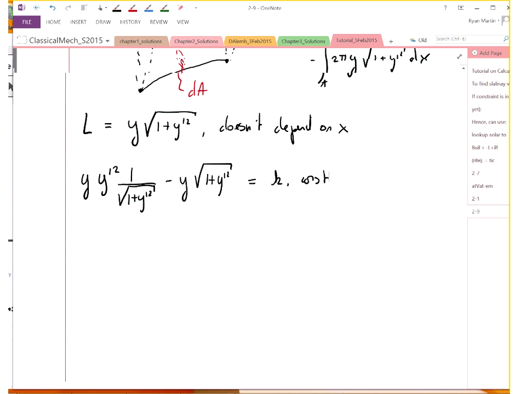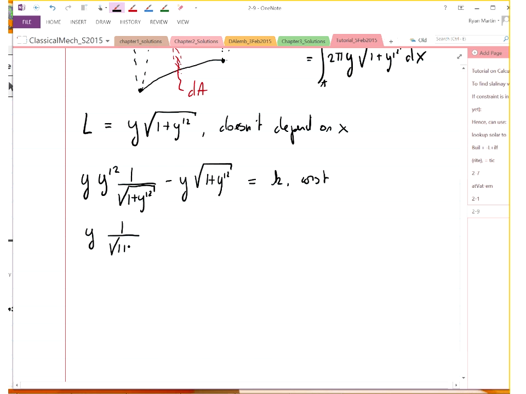Alright, so now hopefully the math is getting a little bit familiar. I can factor out the y. I'm going to put this all on the same denominator of 1 plus y prime squared. The first term has a y prime squared, and the second term has the minus 1 minus y prime squared. That's equal to k.